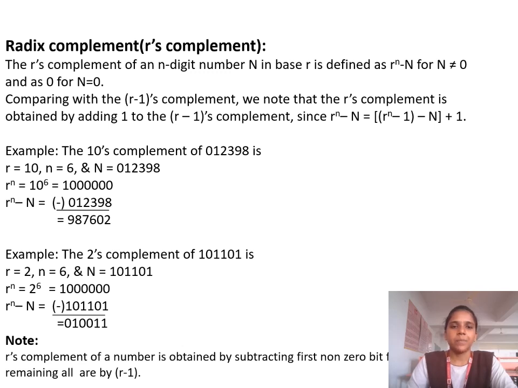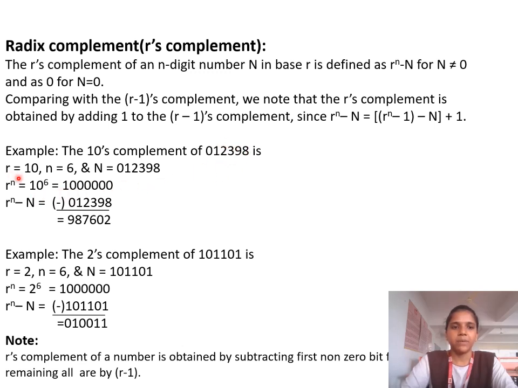Comparing with the R minus 1's complement, we note that the R's complement is obtained by adding 1 to the R minus 1's complement, since R power n minus N is equal to R power n minus 1 minus capital N, plus 1. It gives the R's complement. We can obtain this by using the following expression.